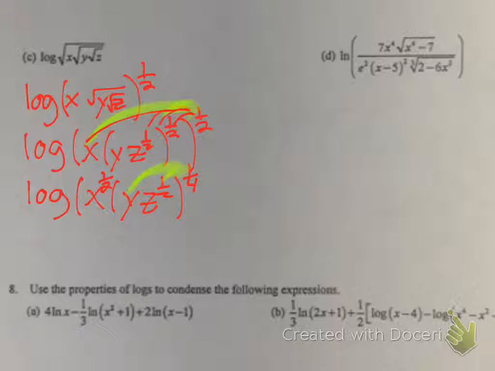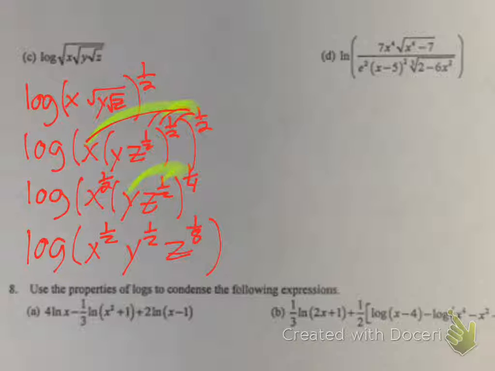Now I'm going to distribute the 1/4 power inside here further, so it's log x to the 1/2. Now the y is to the 1/2, and now the z is 1/2 times 1/4, which is 1/8. Okay, that's all just exponent rules, being able to distribute those powers of 1/2.